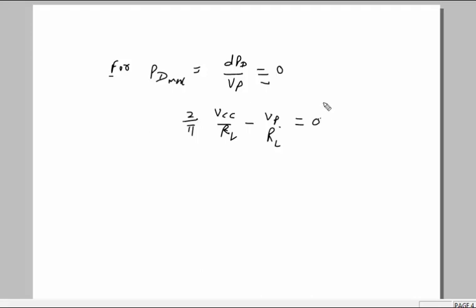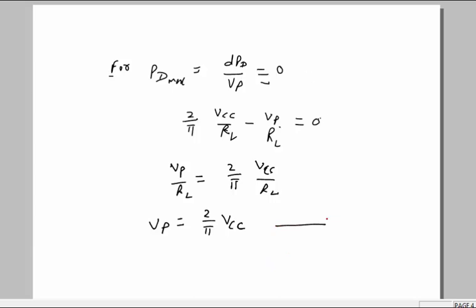It means here Vp by RL should be 2 by pi Vcc by RL, or Vp should be, so this RL and RL will be cancelled, Vp should be 2 by pi Vcc. Let's call it equation number.